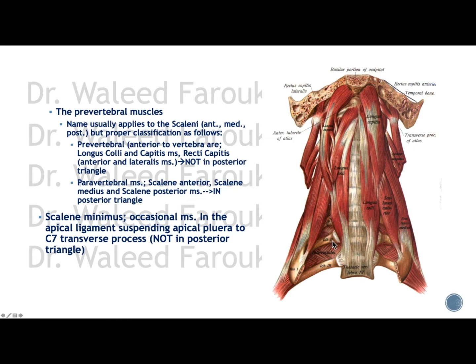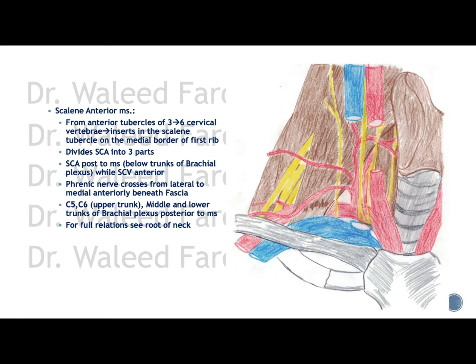It connects the apex of the pleura to the transverse process of C7. Within this apical ligament, you might find some muscle fibers, and then you can call that the scalene minimus muscle. Okay? It was worth noting.